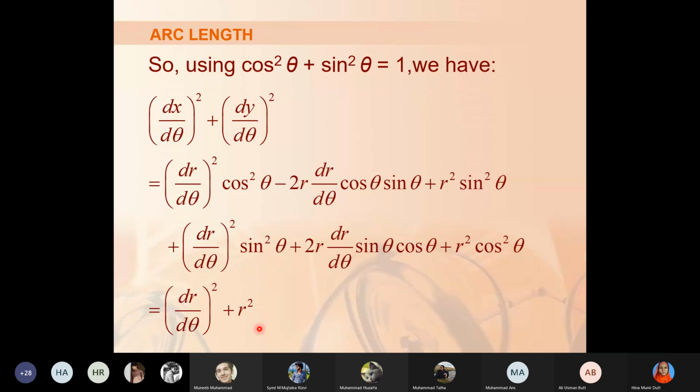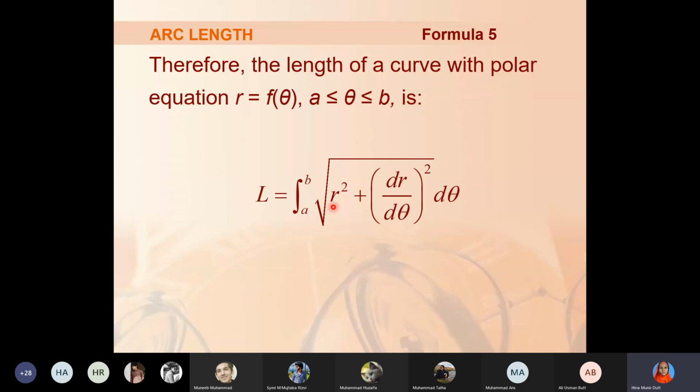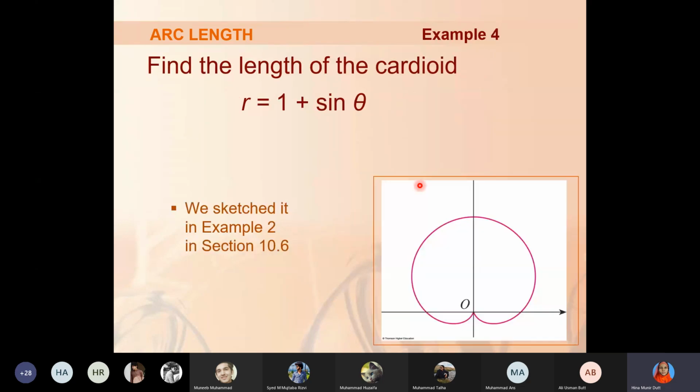So we will just go through these two things. I will skip these two, these are just calculations. After simplifying it, I will get r square plus dr over d theta whole square. Okay. This is the formula that we will be using to find the length of a polar curve.